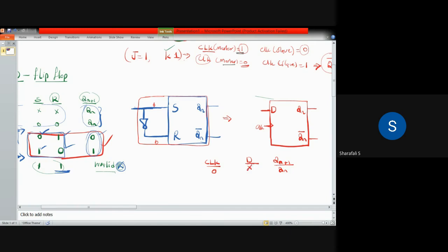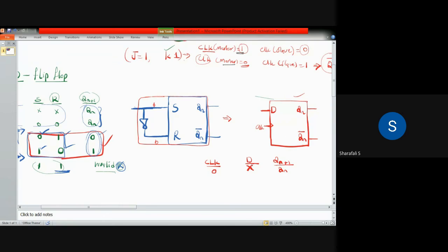So Qn plus 1, that is the next state, will be the previous state itself. And you do not have to consider D. This is a don't care condition. Whatever the value of D, it does not matter, because if the flip-flop is not active, then whatever the input is, it does not matter. If you consider any circuit or any machine, if it is not on, it does not matter whatever input you are providing to the machine, because it is off.